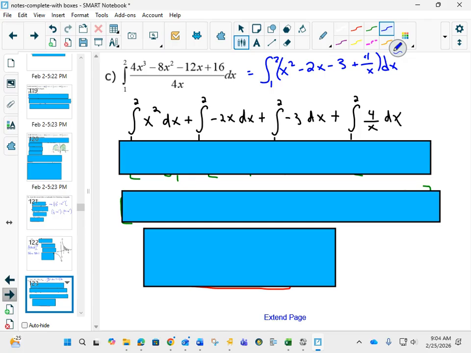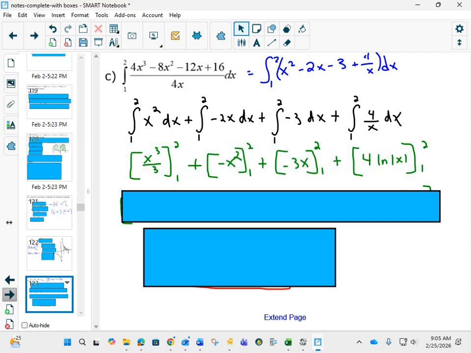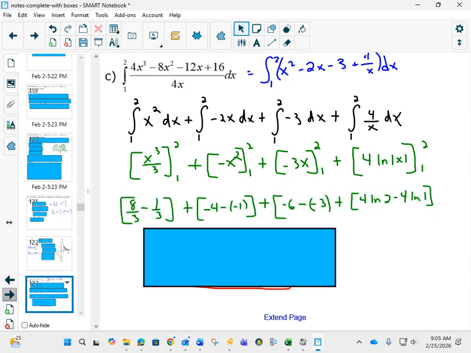Right, it is one big thing. But since we've separated it, we have to do all of these indefinite integrals. And then you plug in the top number, subtract, plug in the bottom number for each one.